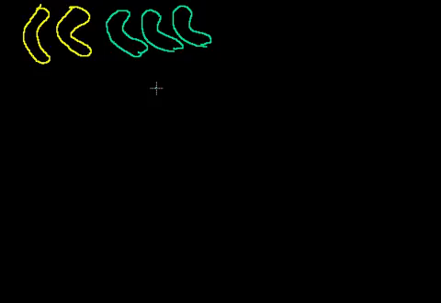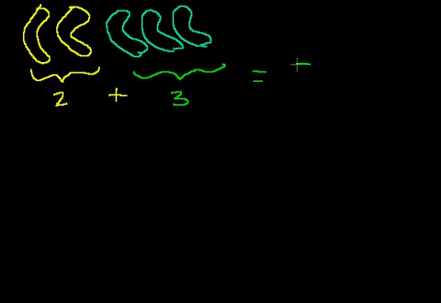They look more like beans than bananas, but I think you get the idea. So we learned in basic addition that the total number of bananas we would now have would be 2 plus the 3 new ones that we just grew. And you realize that that's 5.